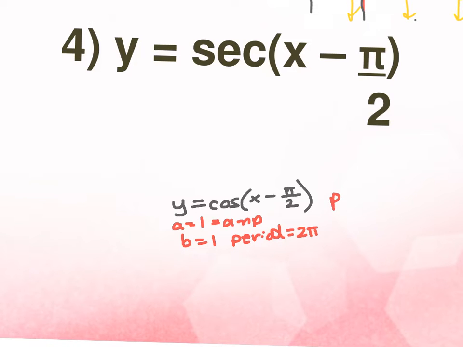This time there's a phase shift. So I set this equal to 0, and I get the phase shift as a positive pi over 2. Period's 2 pi. That's my standard period, so I already know those points. If I multiply by 1/4, 1/2, and 3/4, I get pi over 2, pi, 3 pi over 2. First one would have been 0, last one 2 pi. And then to each of these, I'm going to add my phase shift, so I'm adding pi over 2.